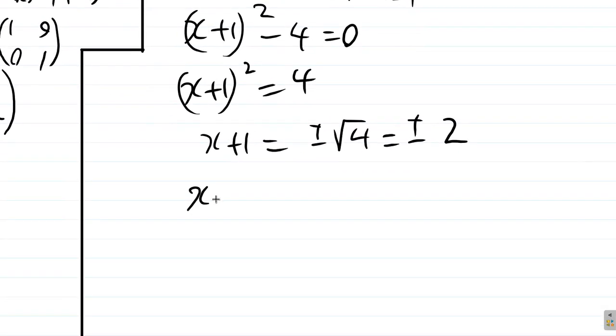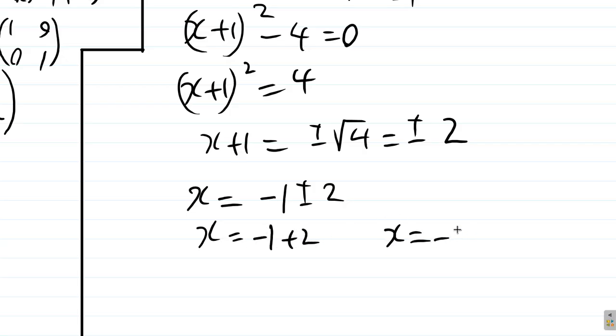So x is equal to, subtract 1 from both sides, negative 1 plus or minus 2. In one case, x is equal to negative 1 plus 2, and in the other case, x is equal to negative 1 minus 2. So x is equal to 1 and x is equal to negative 3.